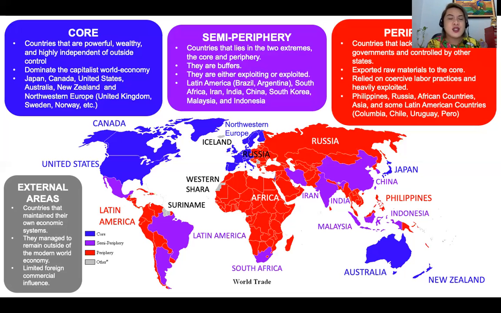All right. So to better understand this, let's look at this phone. This iPhone is one of the materials in terms of economic distribution. How does the iPhone become relevant to the modern world system?